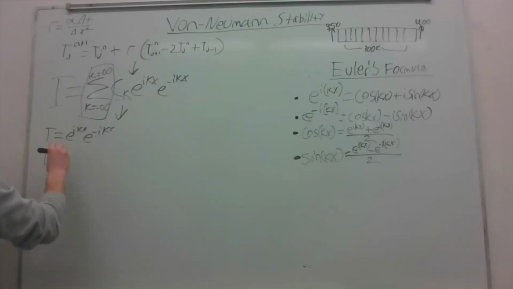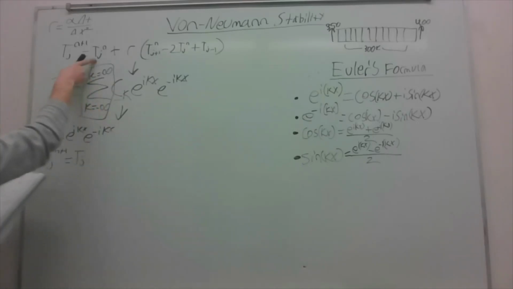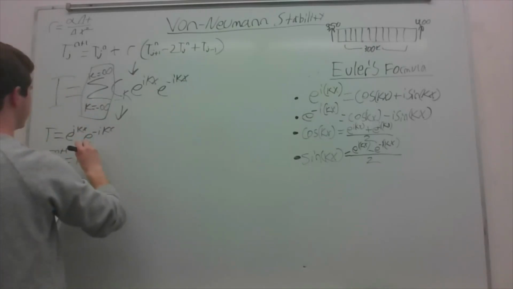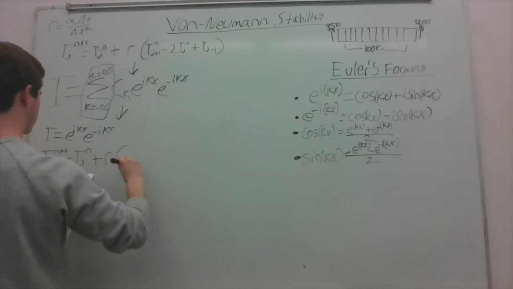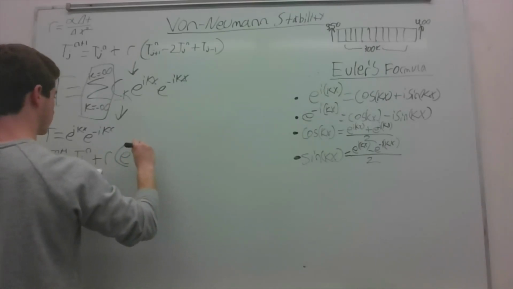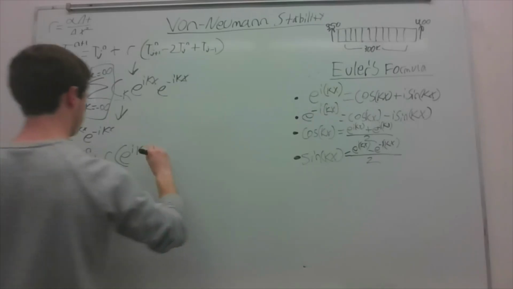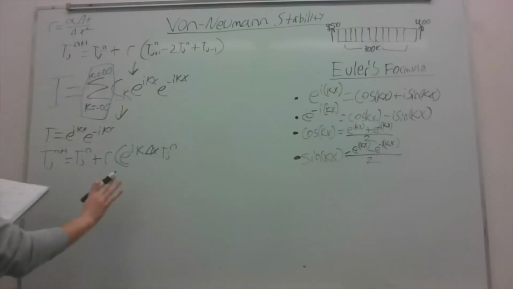T j n plus 1 is equal to T j n. So this T j n isn't going to change yet. That's fine, we can keep that. That's not really our focus. Plus r times e to the I k x T j n. Okay, let's stop there.